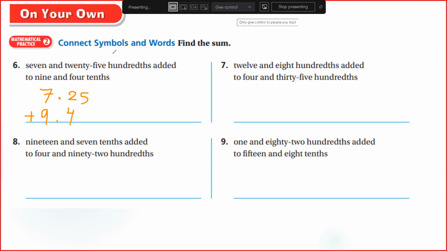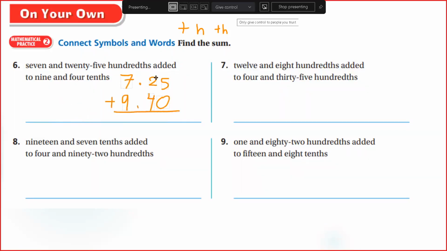You have forgotten that you have tens, hundreds, thousands. Then you have to add a 0. Bravo. So it's gonna be 16.65. Thank you, Sheila.